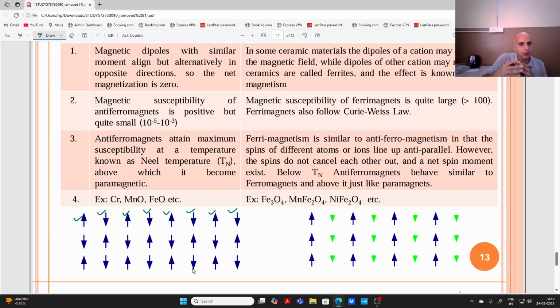When the temperature is low and the external magnetic field is applied, the material tries to preserve its order. But as the temperature increases, this anti-parallel alignment starts decreasing and the individual dipoles start aligning with the direction of the magnetic field. So obviously magnetic susceptibility will increase after some time, right?